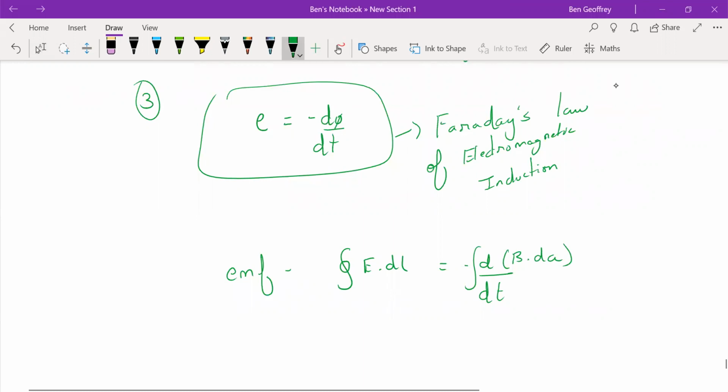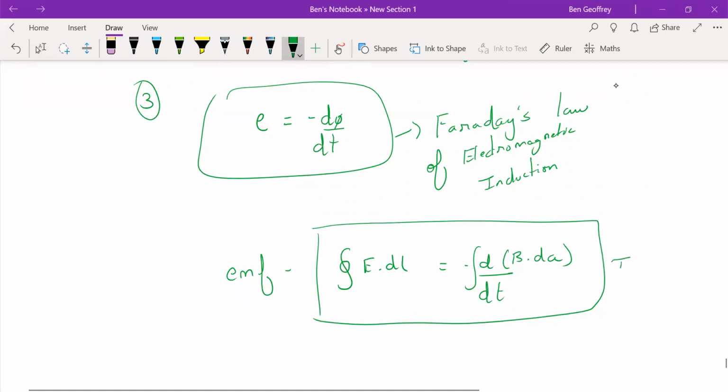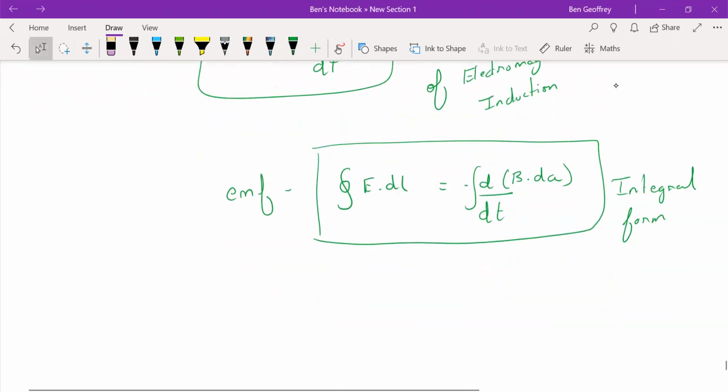Again, we can use the Stokes theorem. So this is essentially the third Maxwell equation in integral form. Now if you use the Stokes theorem, you can convert this.